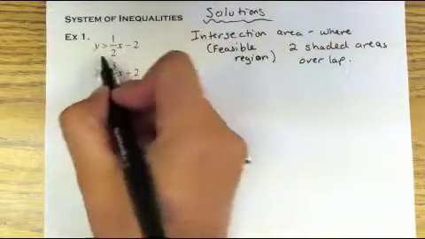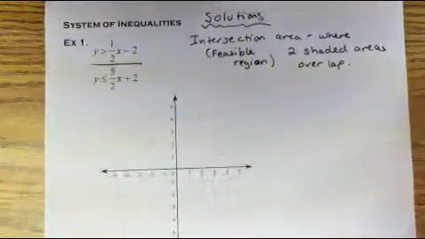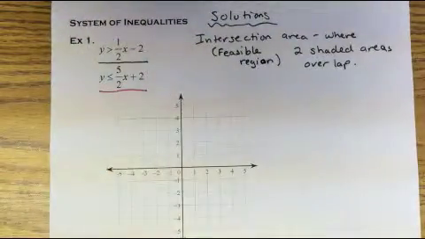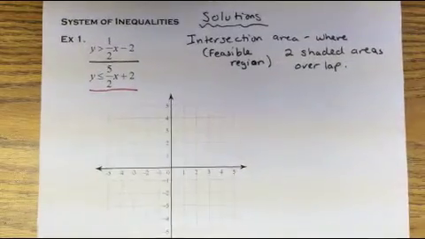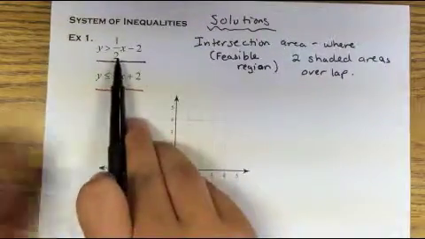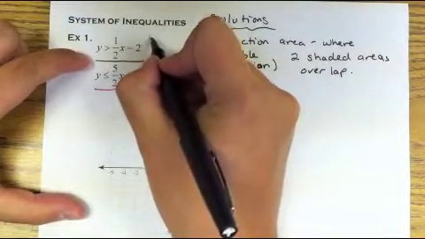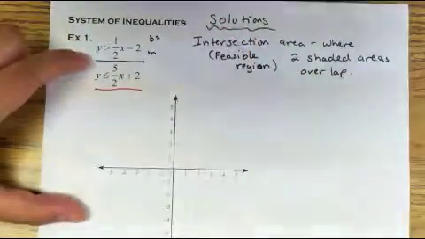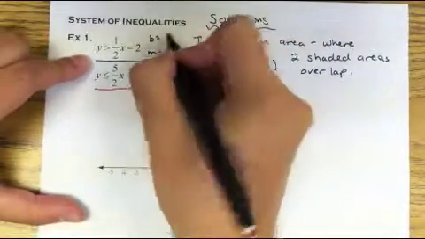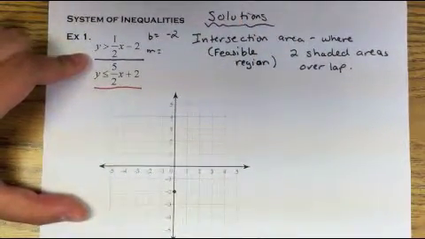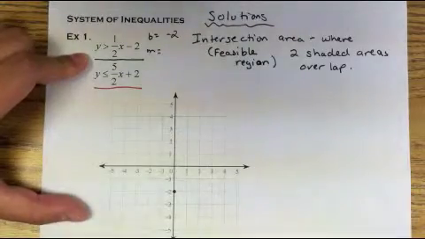I am going to show you this equation in black, and I'm going to show you this one in red, just to show you what it is going to look like when we overlap them. So let's go ahead and graph this. What do we graph first? Remember, I always like to pull out my b and my m. What is my b in this problem? You got it, negative 2. Plot that on the y-axis. Remember, that's the y-intercept.